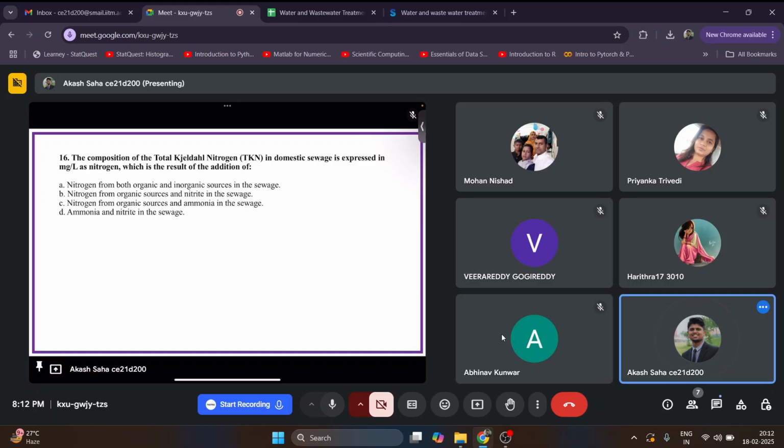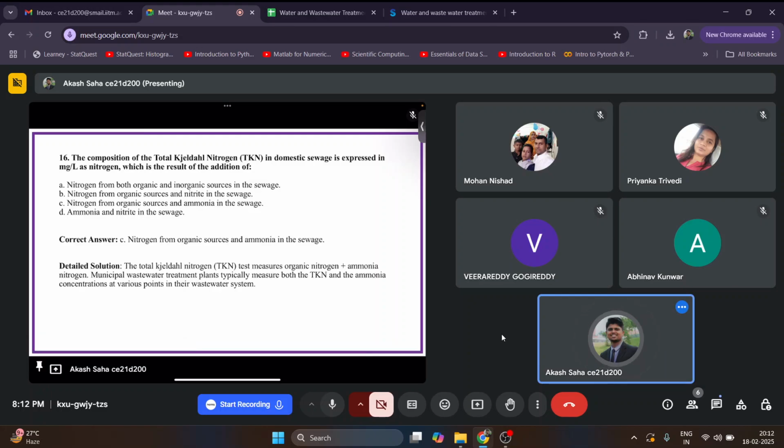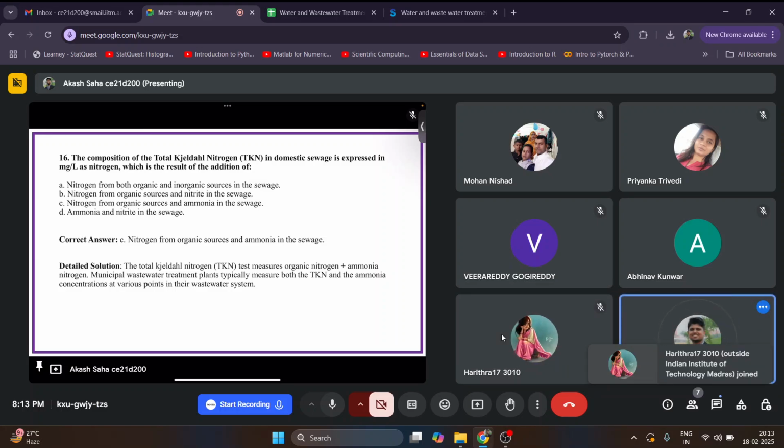So you have to tell me what total Kjeldahl nitrogen consists of. So definitely it will be only C. So both organic sources and ammonia are the part of the TKN. So we will define TKN as the measure of the organic nitrogen plus the ammonia nitrogen that is present in the system.